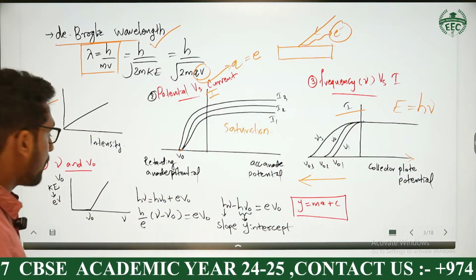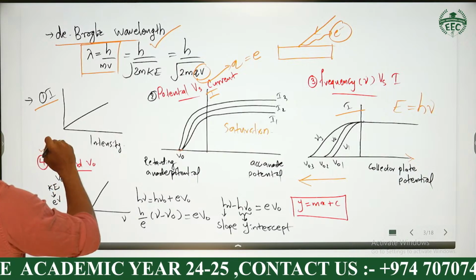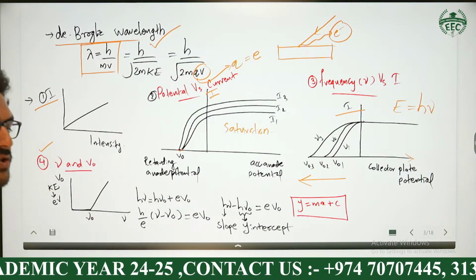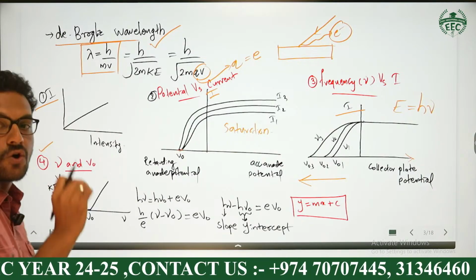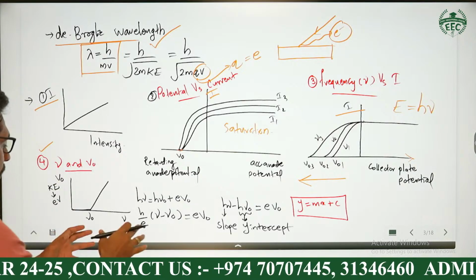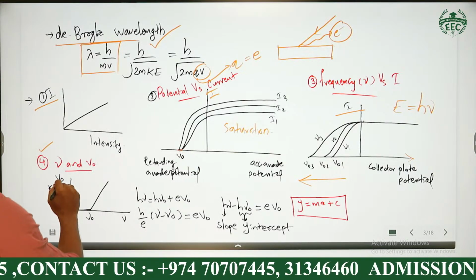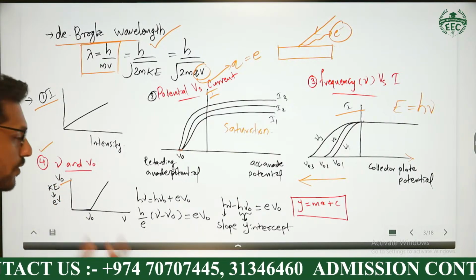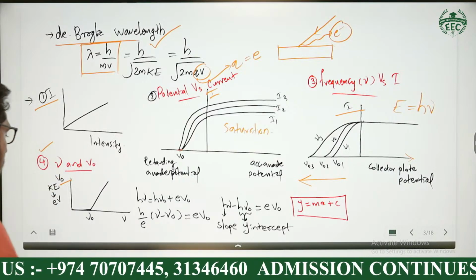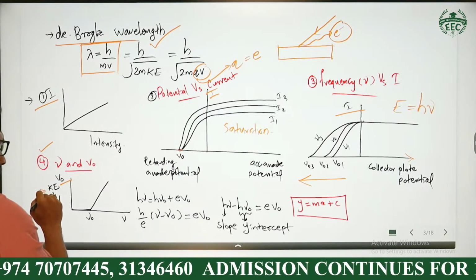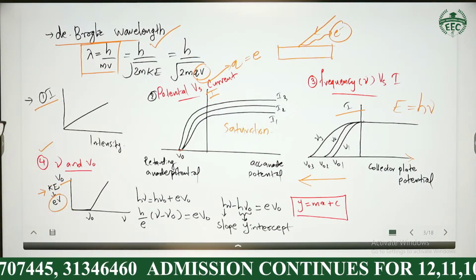And for the final part, the fourth graph is the graph between frequency and stopping potential. This graph can be represented with V0, the stopping potential, on the y-axis, and also kinetic energy in eV on the y-axis.